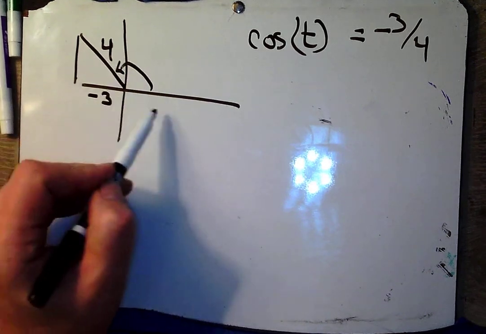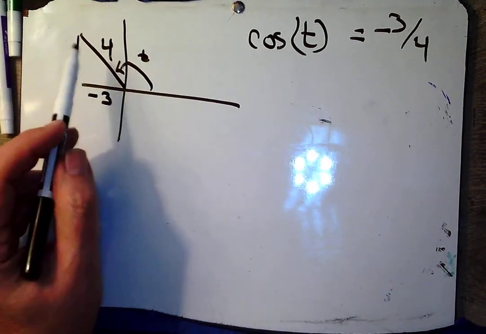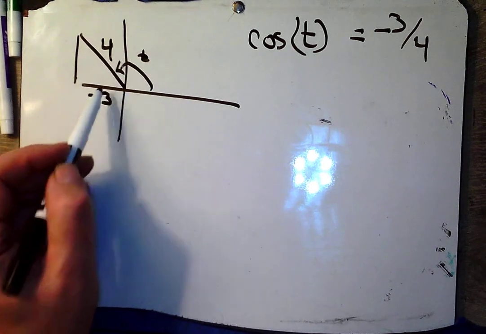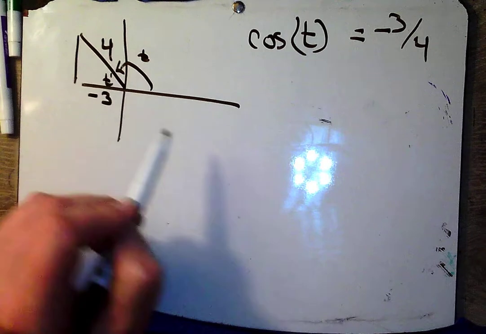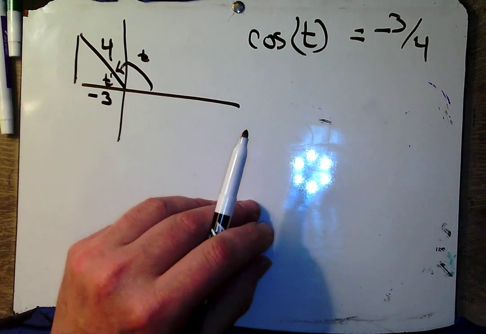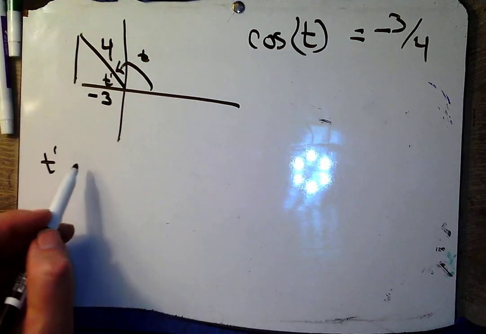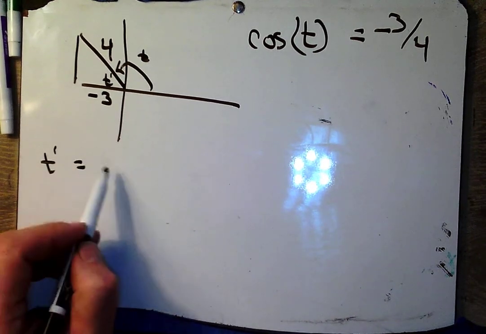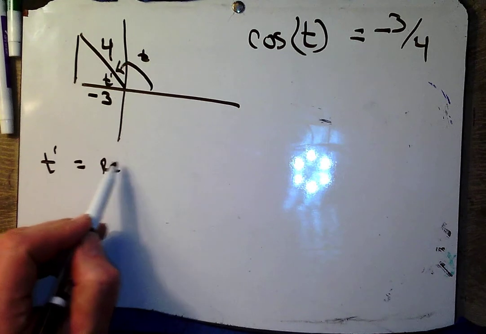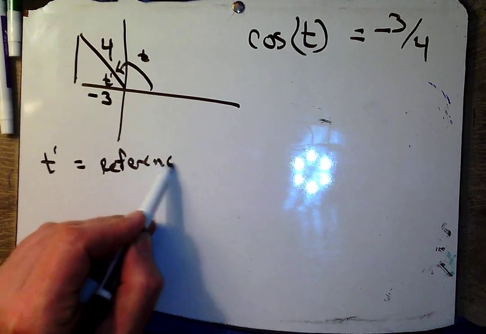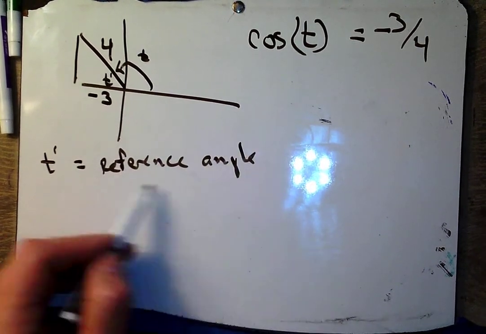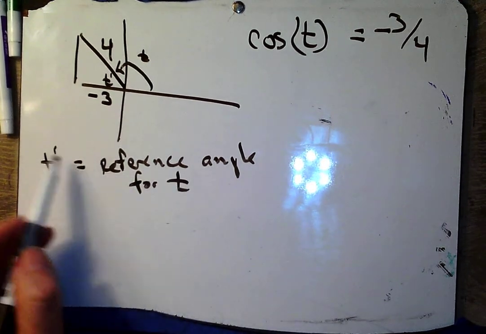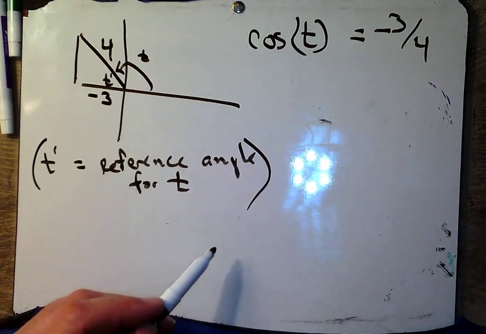And so there's our t. The same qualities for this angle hold true for this one. I'm going to call that one t prime. I'm not going to talk about t prime much in these videos. I can say that t prime is the reference angle for t.